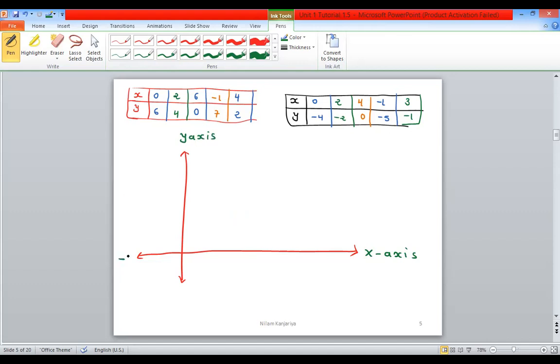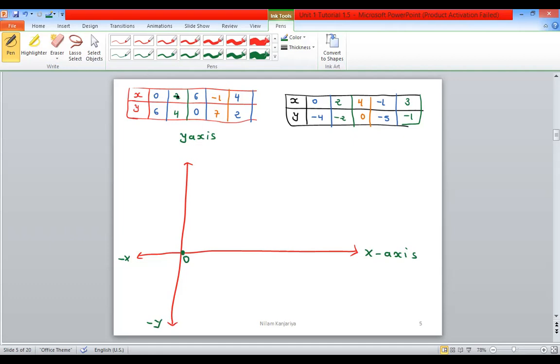This is your negative x and this is your negative y. It's your 0 point.